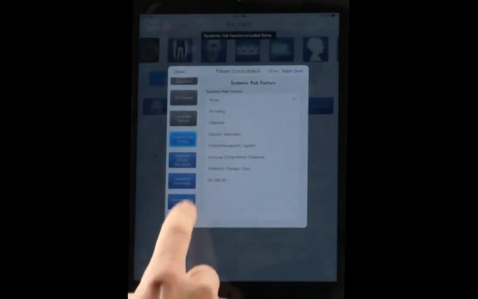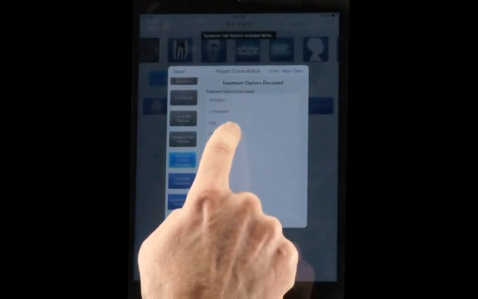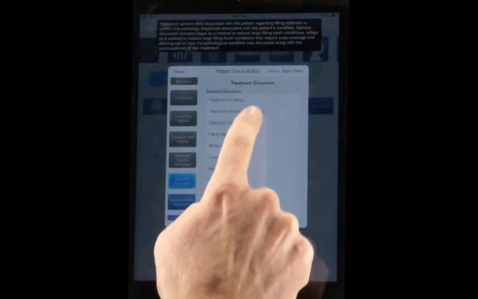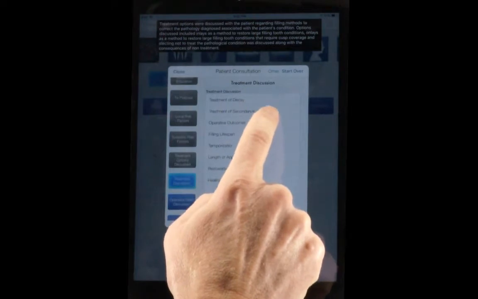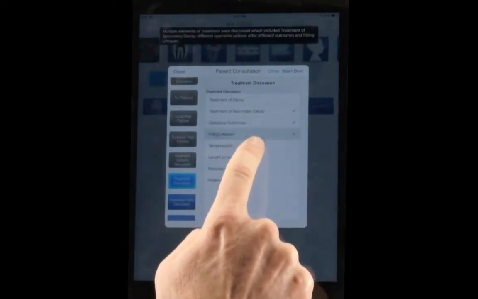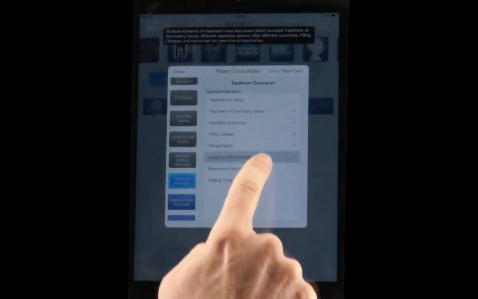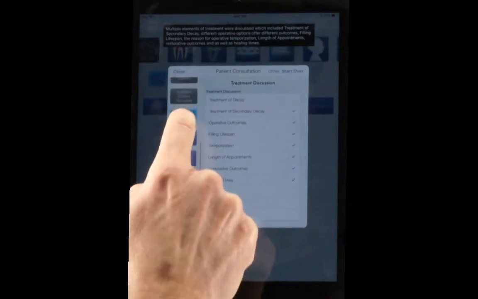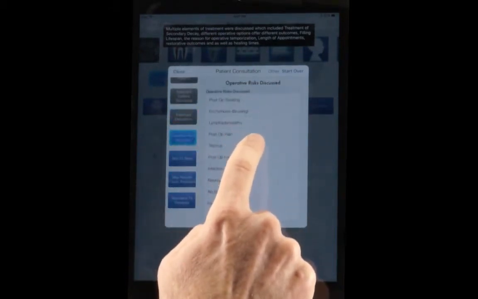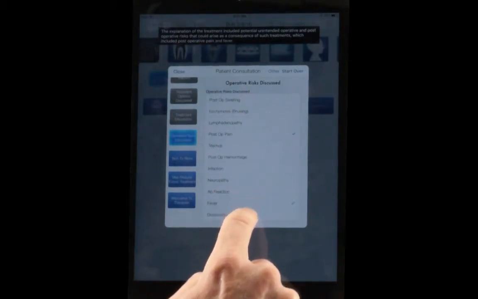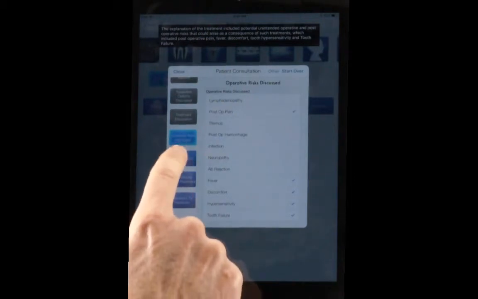Systemic reasons: really none. Treatments discussed: we talked about inlays, onlays, and no treatment. Treatment discussion: we talked about treatment of secondary decay, if there is any, operative outcomes, lifespan of the filling, temporization, length of the appointments, restorative outcomes, healing times. Operative risks discussed: well, there could be post-op pain, you could have discomfort and hypersensitivity, you can also have tooth failure.